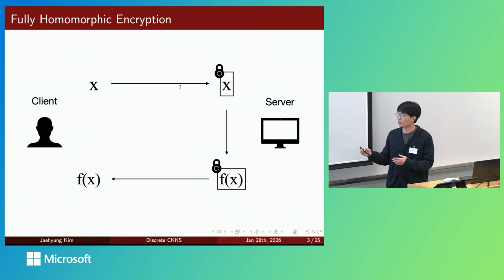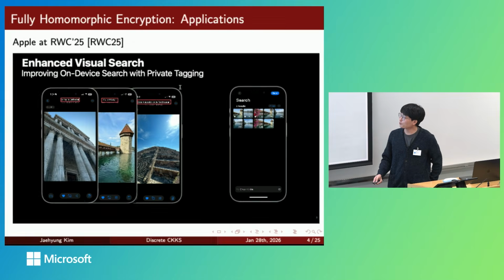To do this, the client first encrypts their data with FHE and sends the ciphertext to the server. On the server side, they can somehow compute a function f on this ciphertext without really looking into it. Then you get an encryption of the result you want, which is sent back to the client, and the client can decrypt it. And this is how it works.